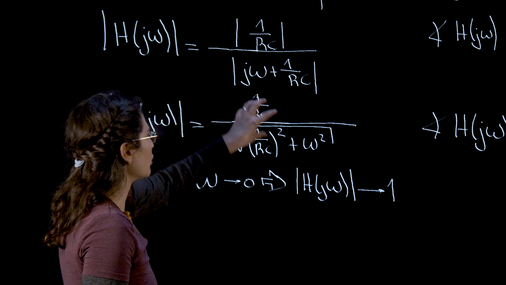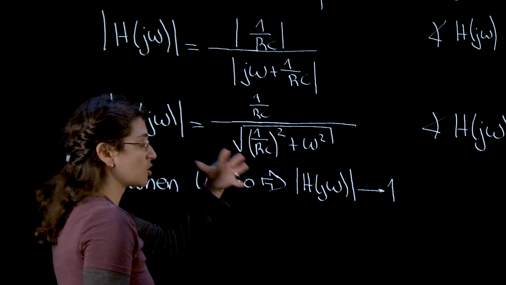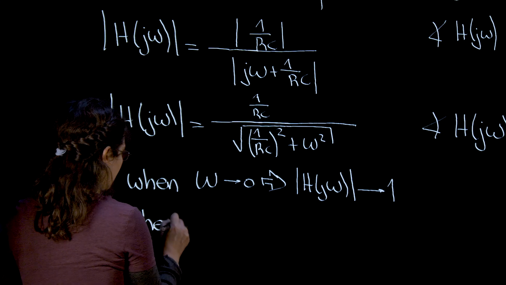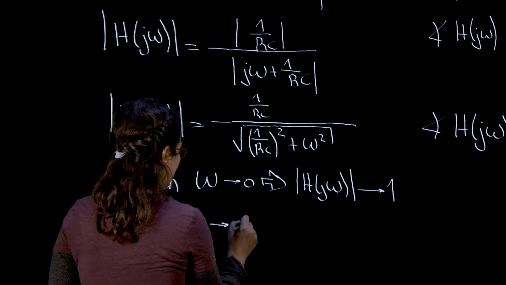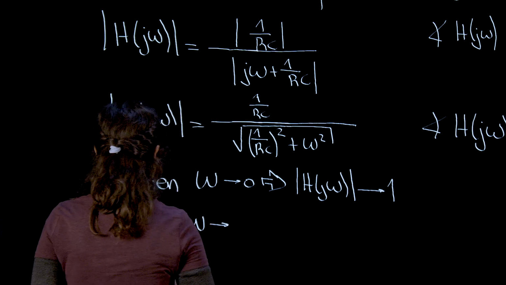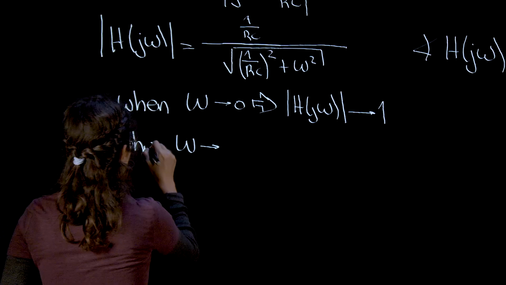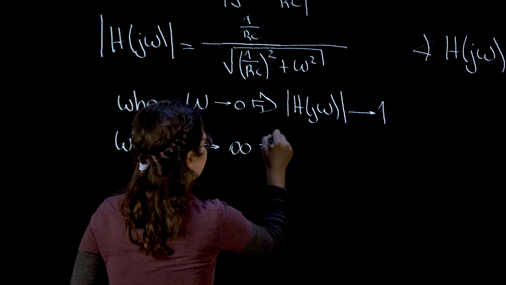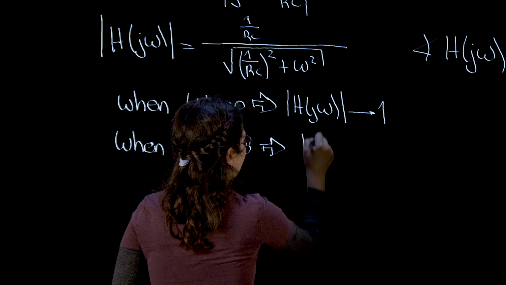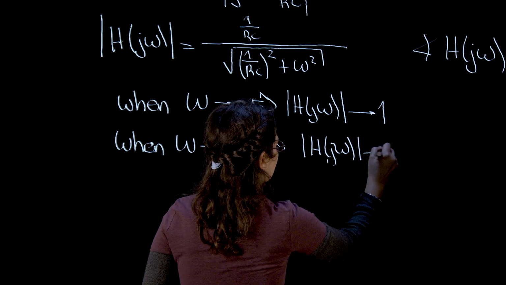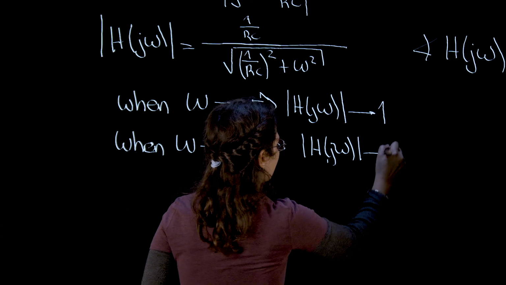Because I have a small number over a very big number, so that's 0. So when omega tends to infinity, then the magnitude of the transfer function tends to 0.